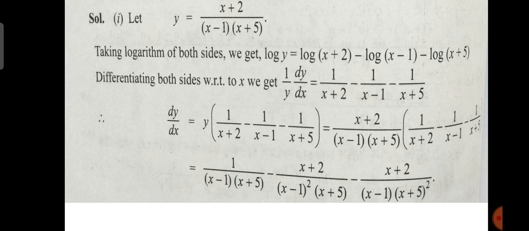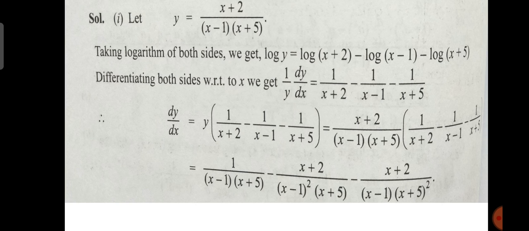That is log of y is equal to log of x plus 2 minus log of x minus 1 minus log of x plus 5. This was given in the previous class; I have given it in the previous class, the derivative of logarithmic function. You can check that out and then you will understand this clearly.